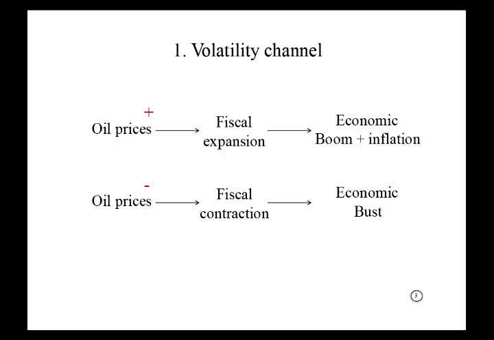You have an economic bust. So the big picture is that your economy becomes very volatile. During the good times, you have inflation, a lot of economic activity. During the bad times, you have sudden swings downward. A lot of upward and downward movement, a lot of volatility in your economy. So in a way, your economy follows the trend of the prices.